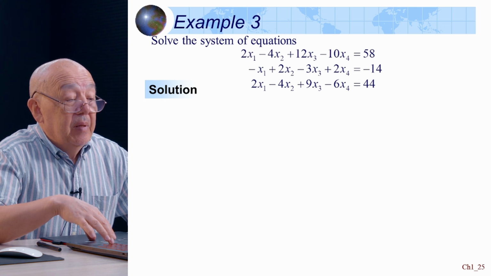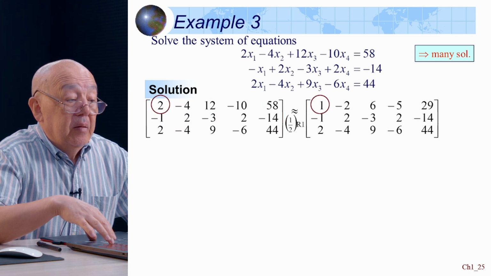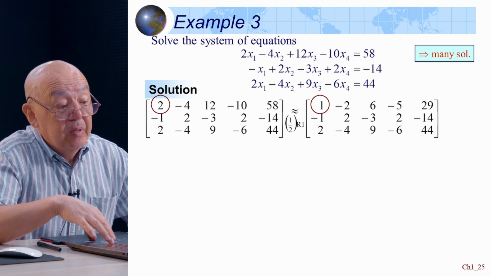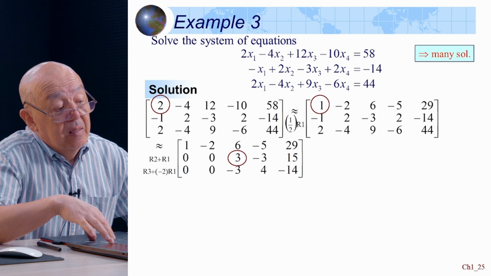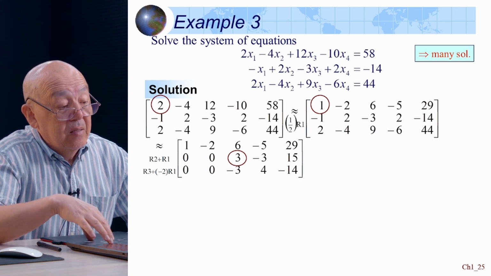Next example, again we write the augmented matrix, make the first non-zero element of the first row be 1, use this 1 as the pivoting element and clean the first column. Okay, luckily together with the first column we cleaned the second one also.